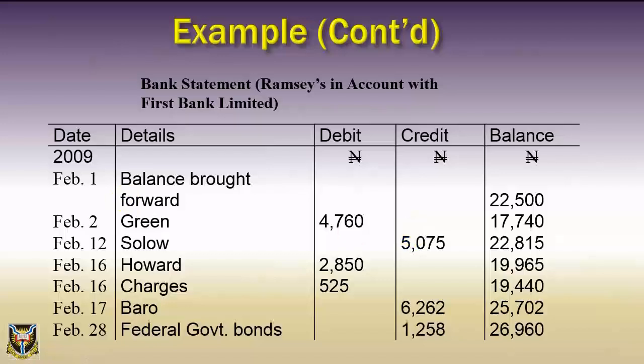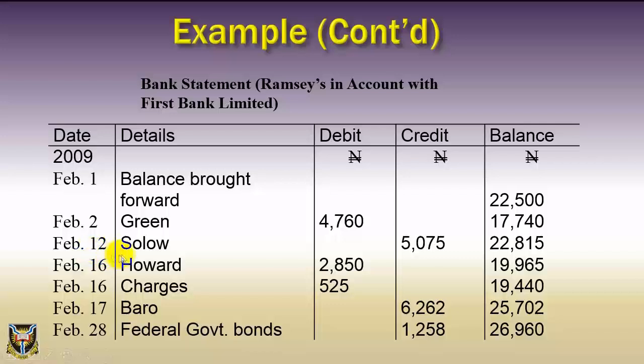Bank statement, Ramsey's account with First Bank Limited. Date: 2009. February 1. Details: balance brought forward. February 2. Details: Green, debit 4,770. Balance 17,740.